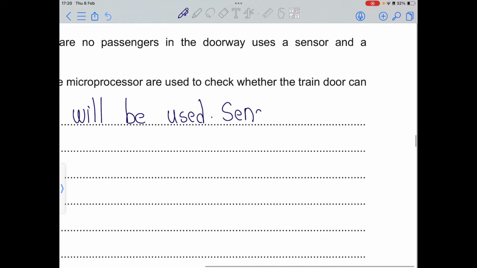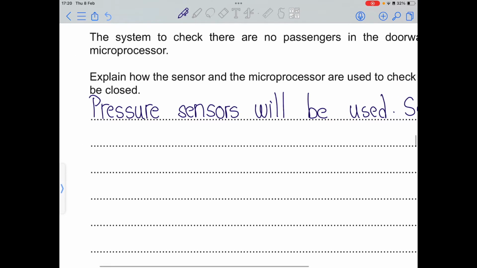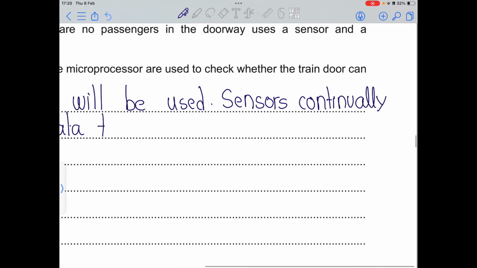Sensors continually send digitized data to the microprocessor.